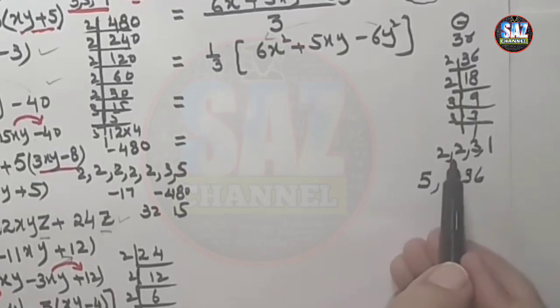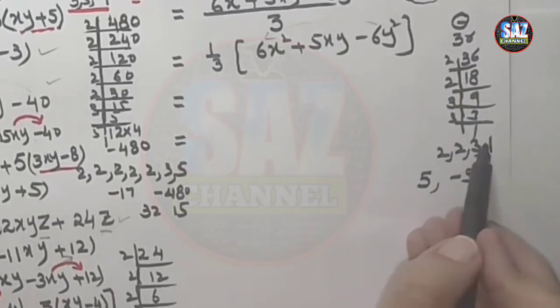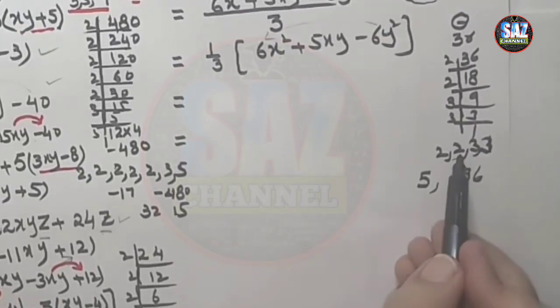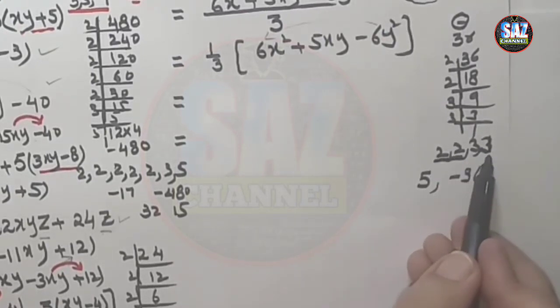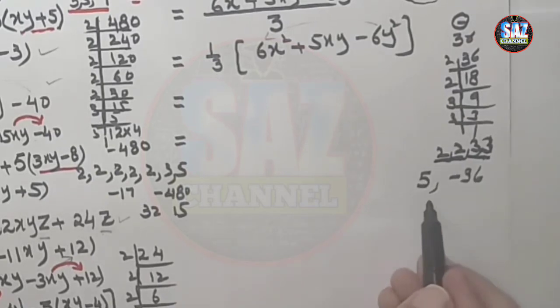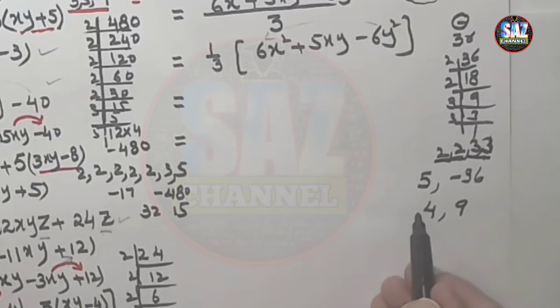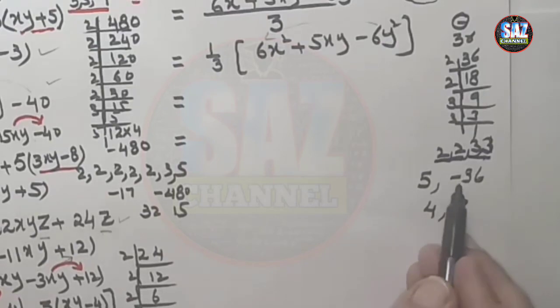Now if I take these 2s together and these 3s together, 4 and 9. Yes, if I take away 4 from 9, I can get 5, and when I multiply 4 by 9, I can get 36.